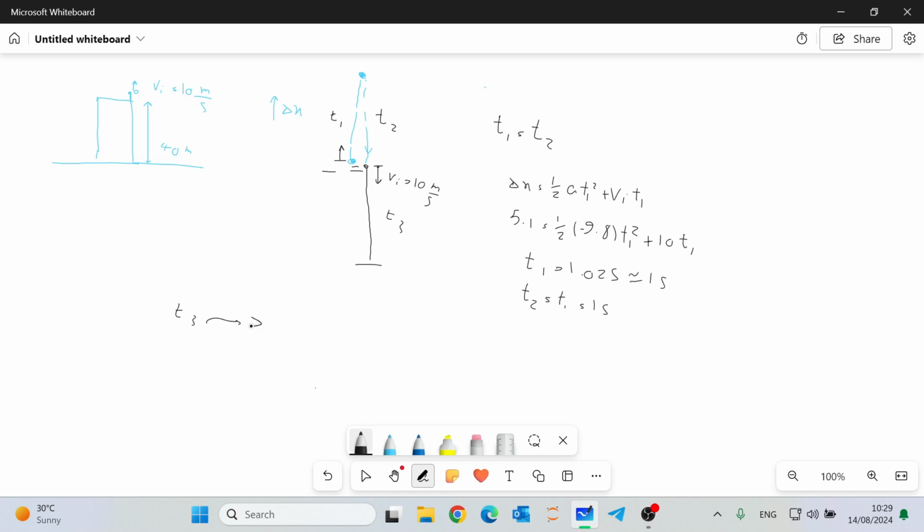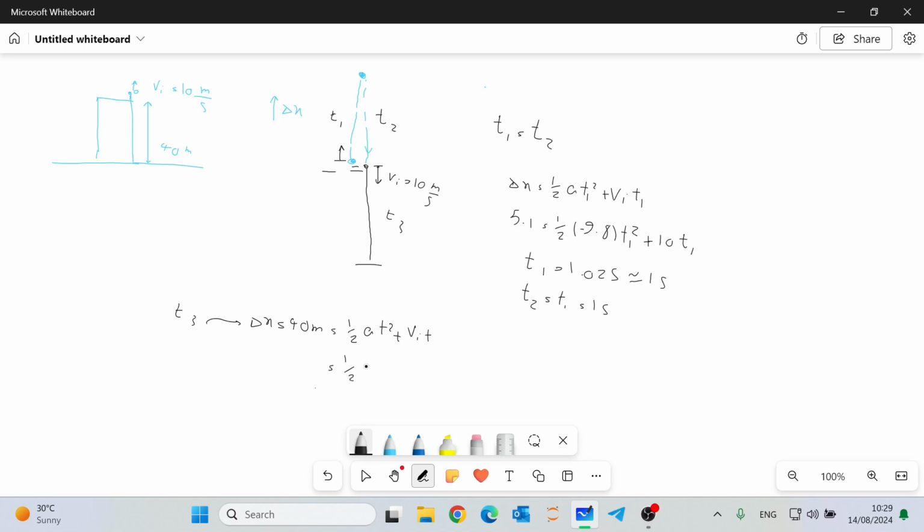For t3, I again want to solve this equation: delta x, which is 40 meters, the height of the building, equals half a t squared plus vi t. As I said, here the initial velocity and the acceleration are in the same direction, downward, so they must have the same sign. If I consider them positive, both must be positive; otherwise both must be negative.